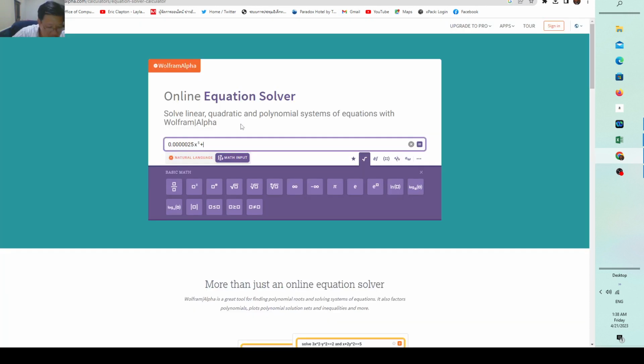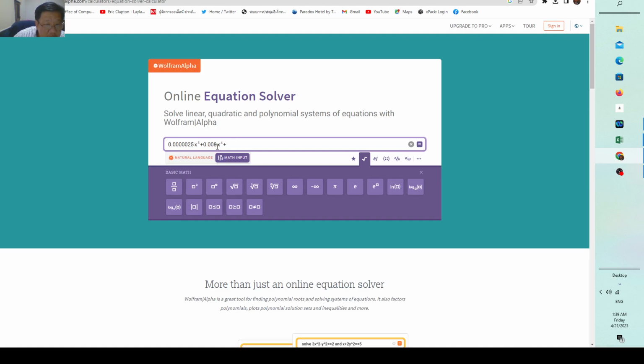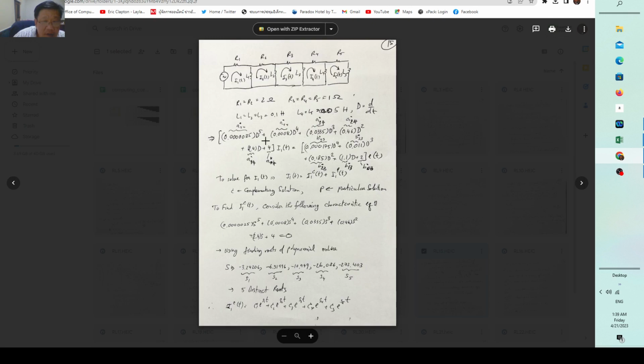Plus 0.008 times x to the 4, come back to normal, and then plus 30 over 8, and then you get 0.0335 x to the 3.